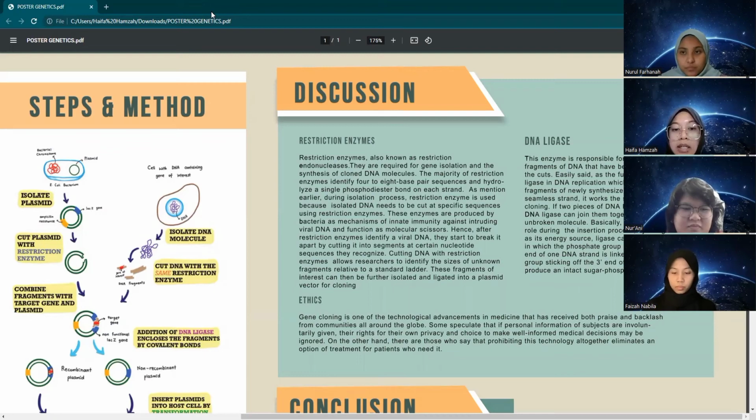In many cases, gene cloning involves inserting the gene into a piece of circular DNA called a plasmid. So firstly, how can pieces of DNA from different sources be joined together to make a single DNA molecule? There is a common method used, which is restriction enzyme and DNA ligase.